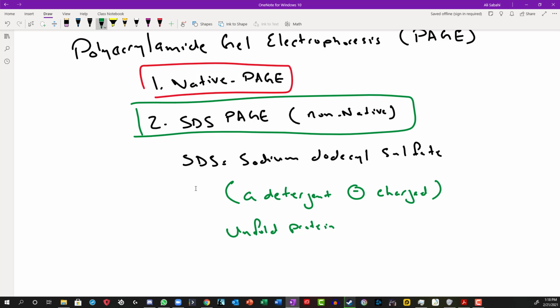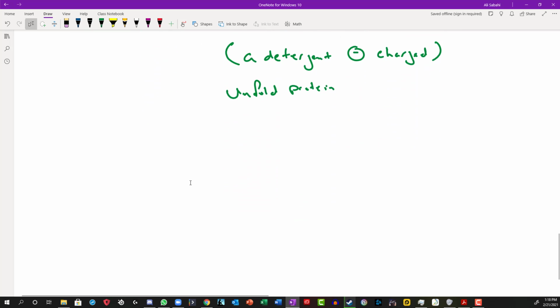So you will have polypeptide chains that are unfolded and SDS will bind to polypeptide chains, one molecule of SDS for about each 2 amino acids.